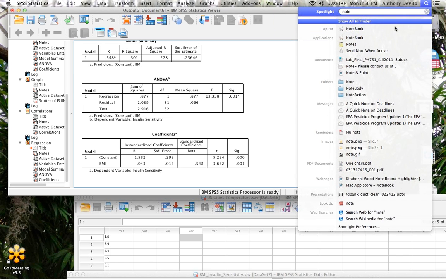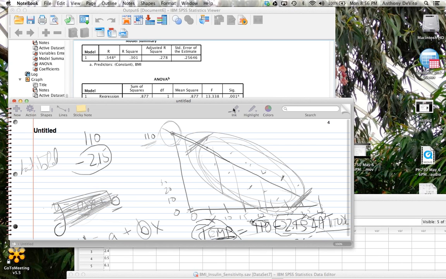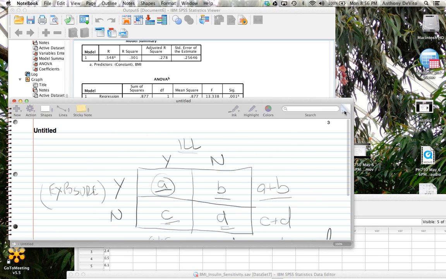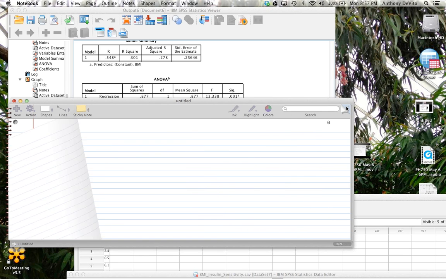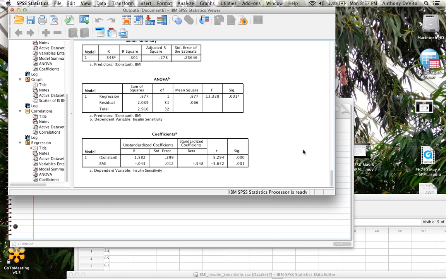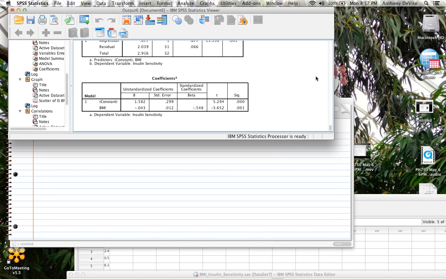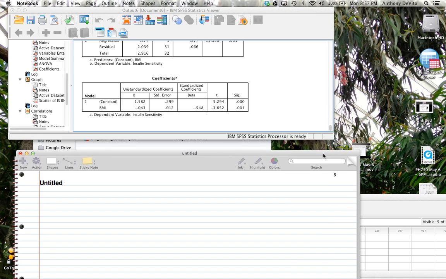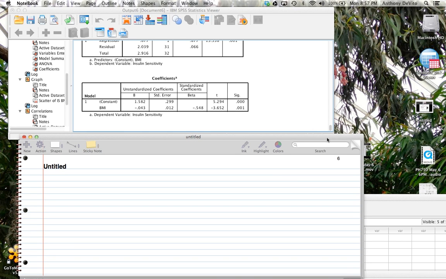describes this relationship? Okay, and I'm going to go back in here and get a fresh page. Okay, and I'm going to give this a try. Let me move this up a little. Okay, what's my formula going to be now? My formula is going to be y is equal to this constant 1.6.